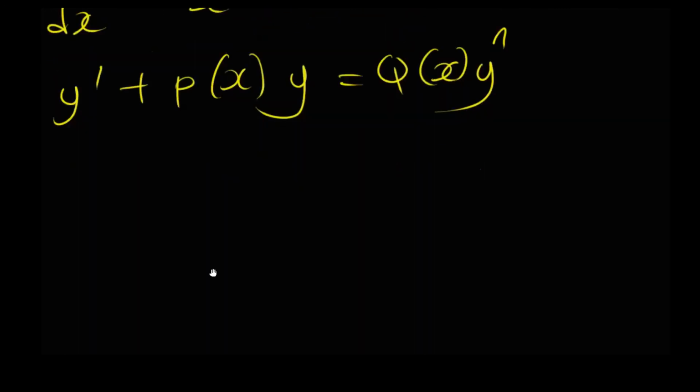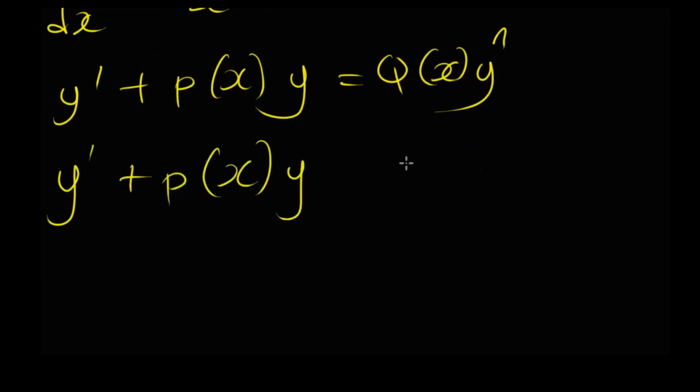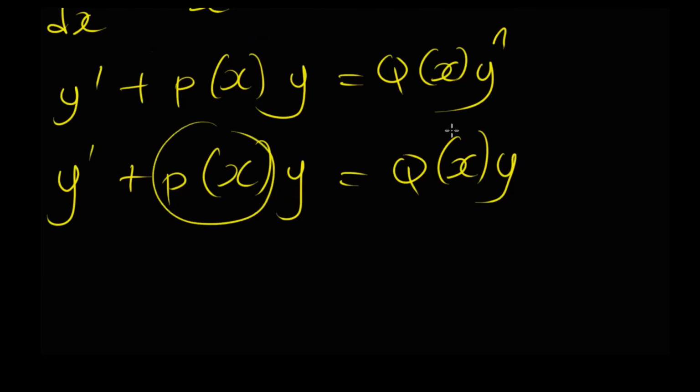The standard form for a linear equation is the same as Bernoulli, only that it doesn't have power n, meaning n is 1. So you check your equation. If you can identify p of x and q of x, the first thing, and then you also have to identify your n.